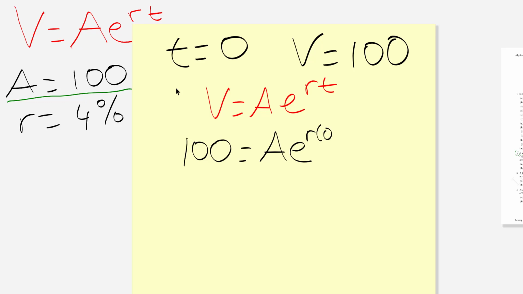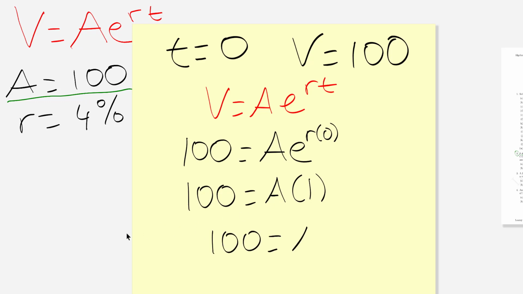So r times 0. Now you get 100 equals A times e to the power of 0, basically. And e to the power of 0 is 1, because anything to the power of 0 is 1. So you get 100 equals A times 1, so 100 is A. So your initial value, or your A in this particular case, is 100.